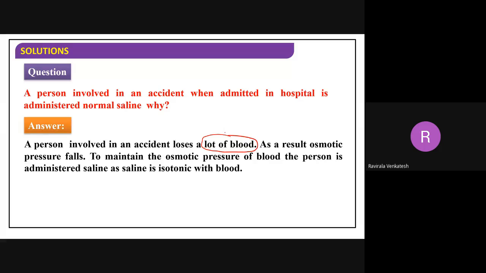As a result, osmotic pressure will fall. To maintain the osmotic pressure of the blood, the person is administered saline, as saline is isotonic with blood. This is the reason.